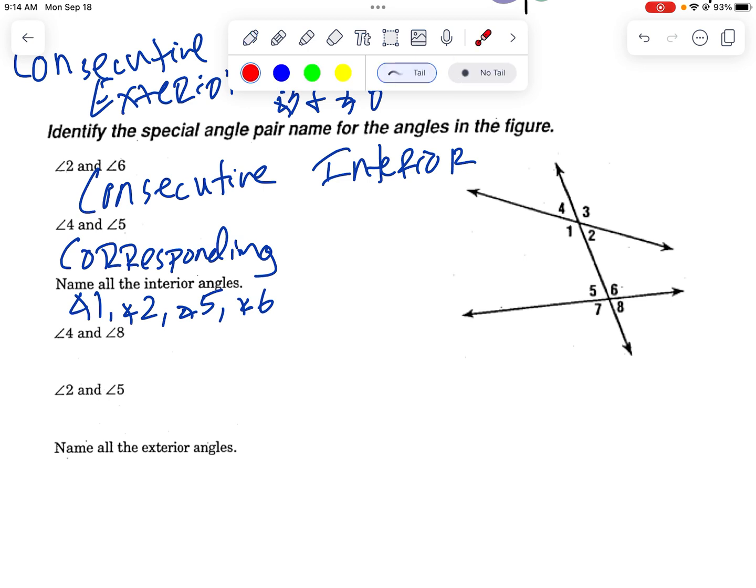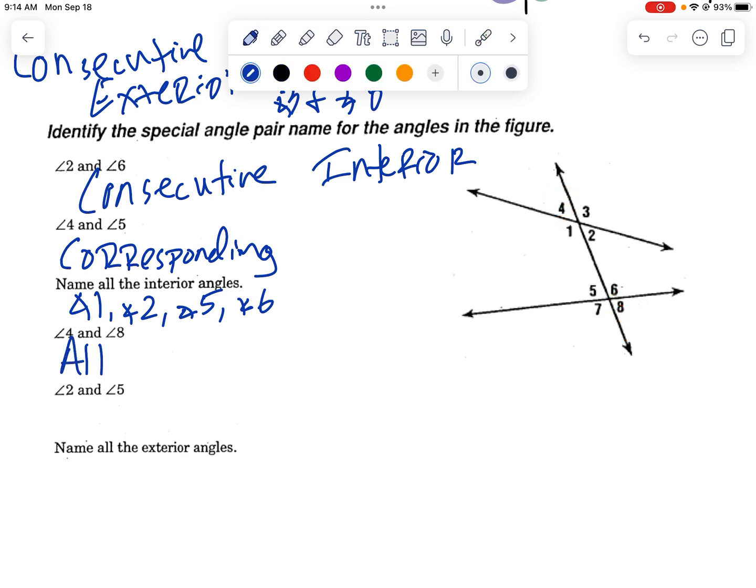All right, let's look at 4 and 8. Are 4 and 8 interior or exterior? Exterior. Are they alternating or consecutive? These 2 are alternating. They're on alternating sides of our transversal.